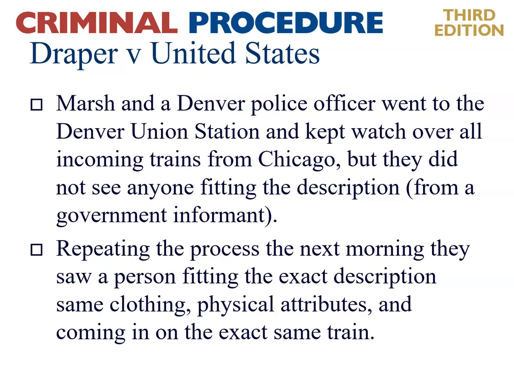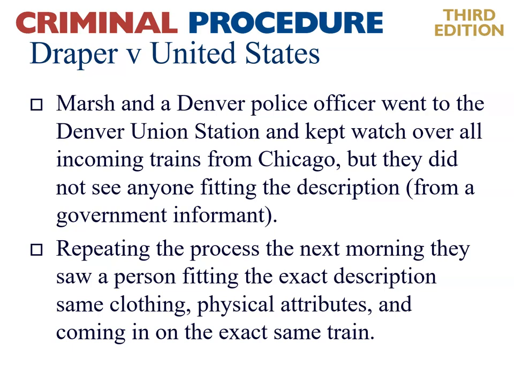In this case, Marsh and a Denver police officer went to the Denver Union Station, and they kept watch over all incoming trains from Chicago. But they didn't see anyone fitting the description of the suspect they were looking for.